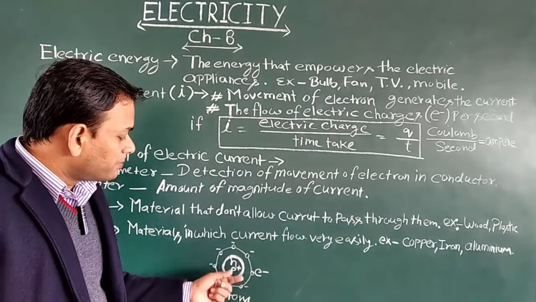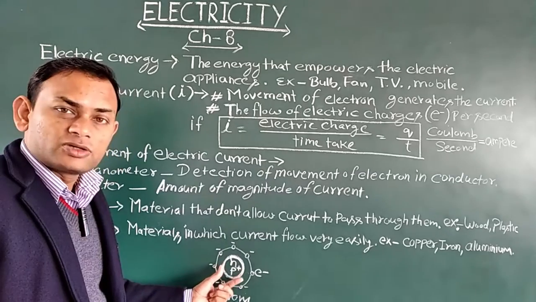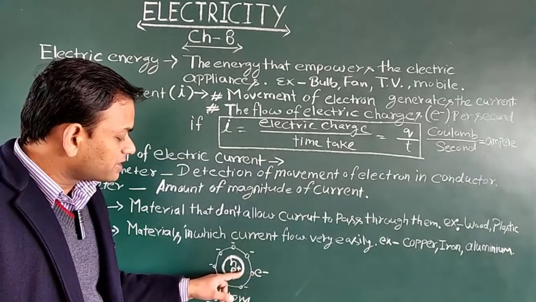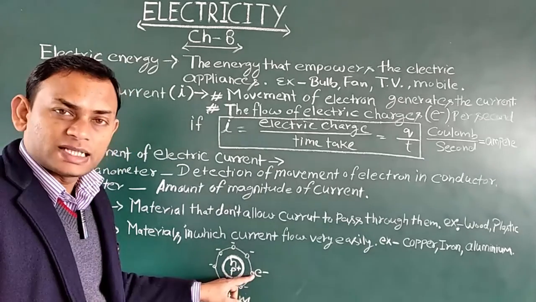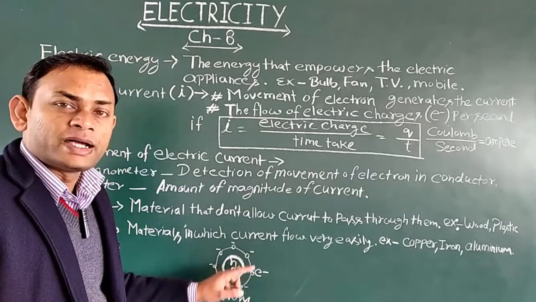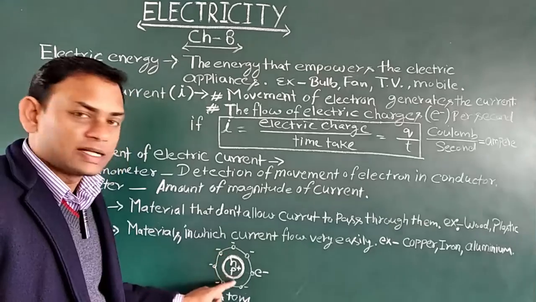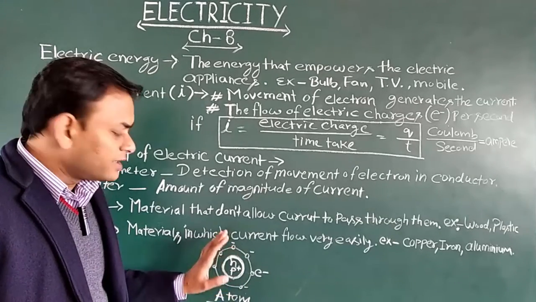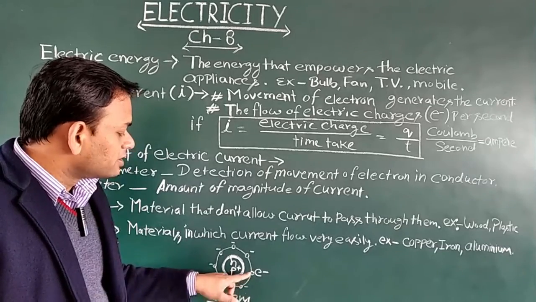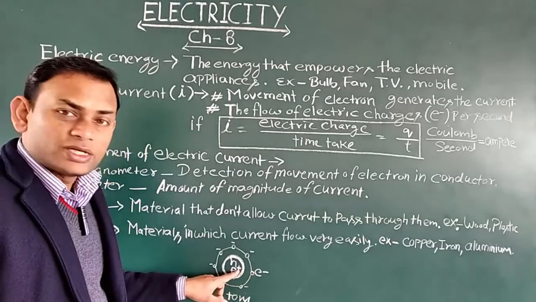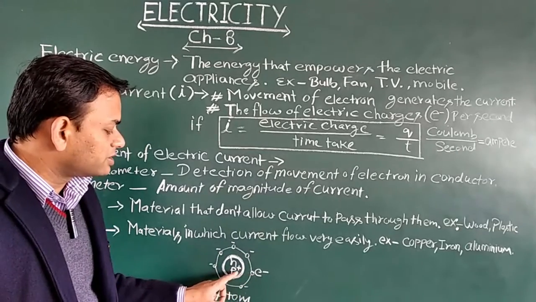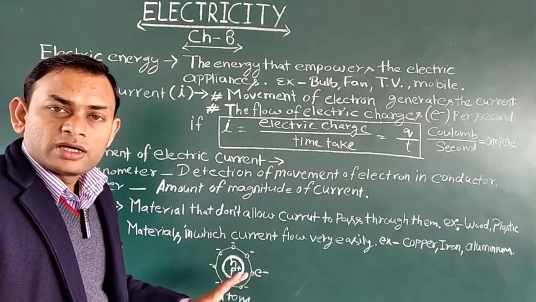Got it? So, because of the positive charge of the nucleus and the negative charge of the electron, there is a force of attraction between the nucleus and the electron. This force binds the electron within the atom. And as the distance between the electron and the nucleus increases, the force of attraction between them decreases.